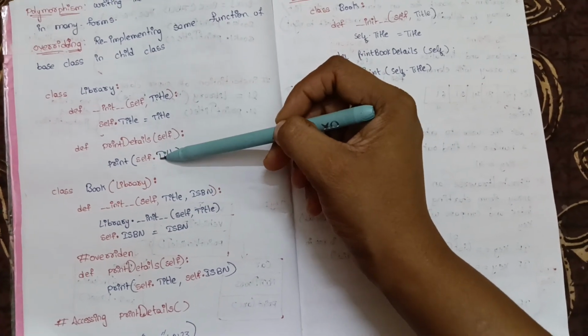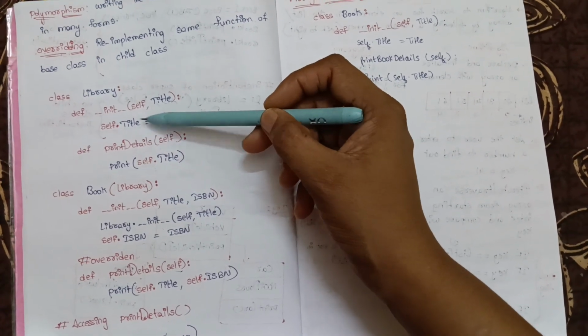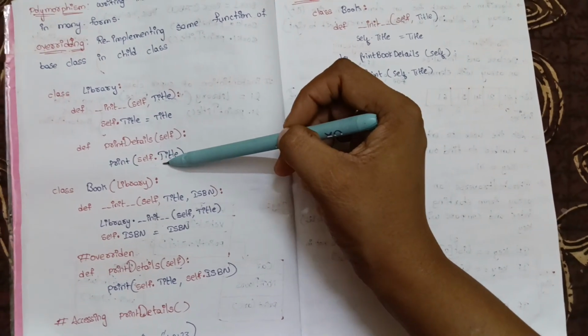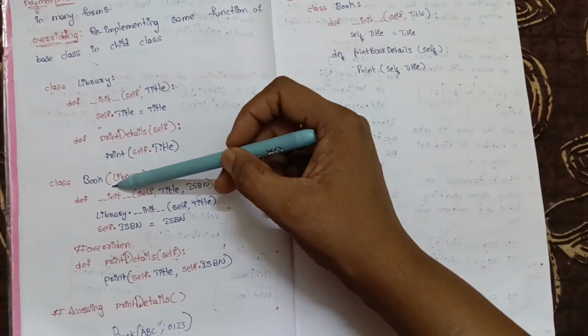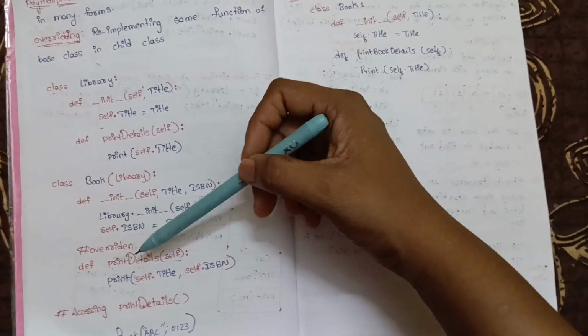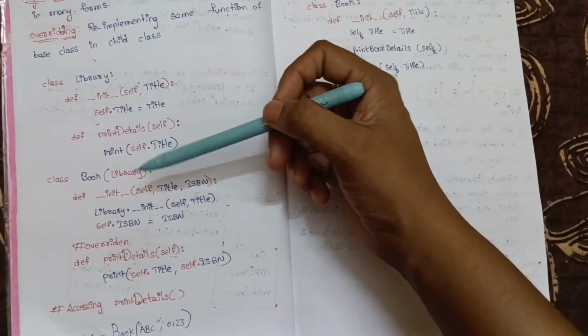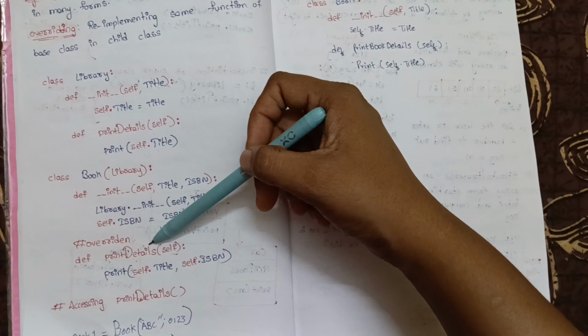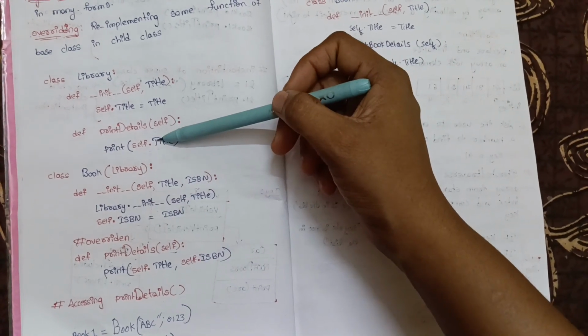It is used to print the title, whatever attributes are present in the library. Suppose our child class also wants to have the same named function. Then it can write the same named function as the parent class function.